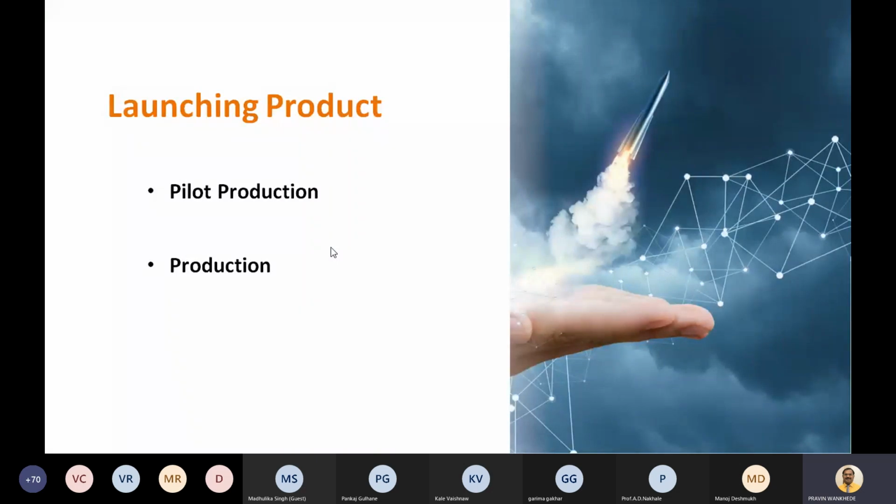Then we have proven it for the market, and we have refined our design to a point where it can be cost effective for manufacturing. And then at this time we have to think about launching our product in manufacturing. I mean here the launch is manufacturing the product in large quantity, or in volumes.